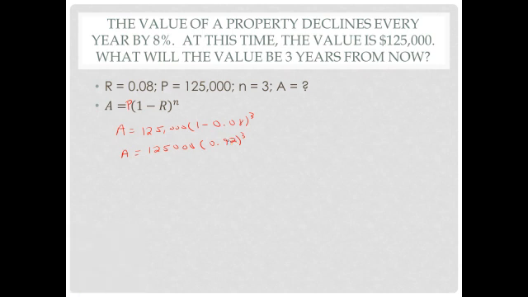Now again, like in the problems before, we need to take care of the exponent. That exponent is telling me that I need to multiply 0.92 times itself 3 times, because this is an exponent of 3.